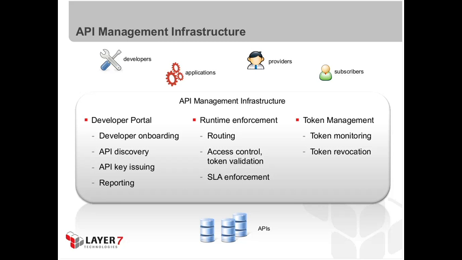First, you have a developer portal for the API consumers to discover APIs, register their use, and get an API key. And second, you've got a runtime enforcement which acts on behalf of your APIs, controls access in real time, checks token validity, enforces SLAs, and things like that. And third, you've got a token management aspect to your API management, which controls the life cycle of your access tokens.